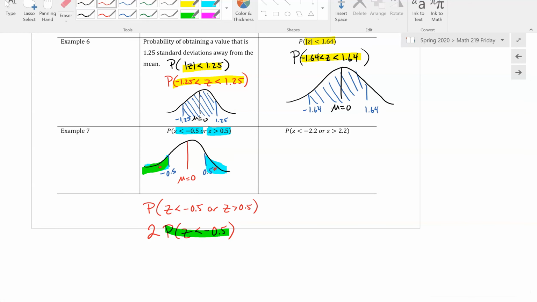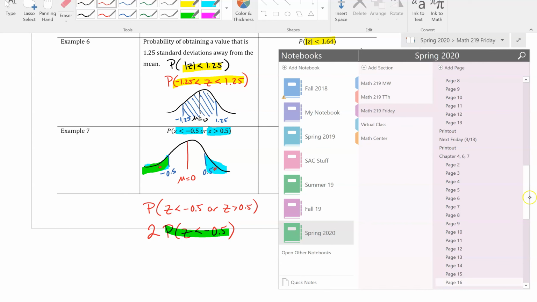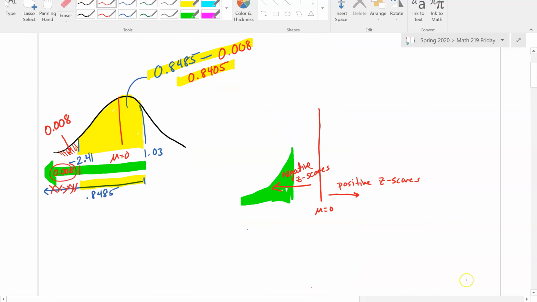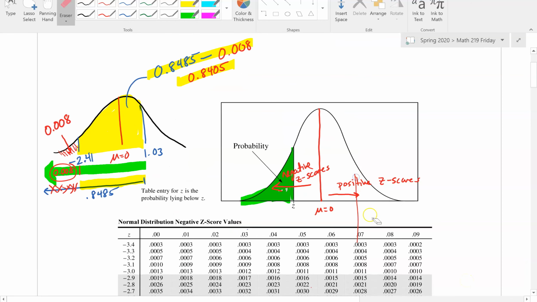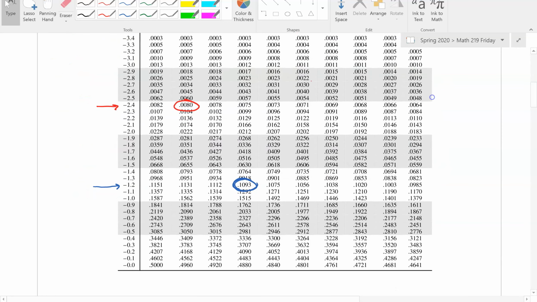And again, I can consult the z-table. It's a negative z-score, so find the negative z-table. And I'm looking for a score of negative 0.5. Well, there's negative 0.50. That would be it. So 0.3085.